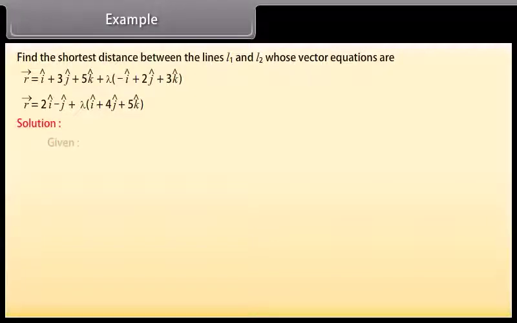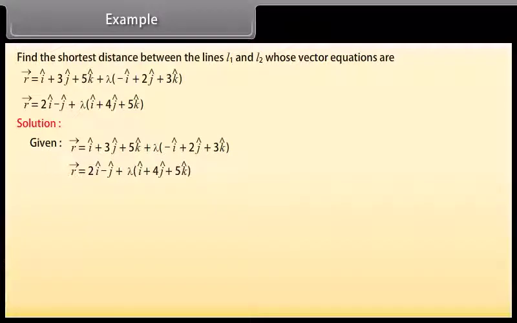Solution. Given vector r equals i cap plus 3 j cap plus 5 k cap plus lambda times (minus i cap plus 2 j cap plus 3 k cap), and vector r equals 2 i cap minus j cap plus mu times (i cap plus 4 j cap plus 5 k cap).